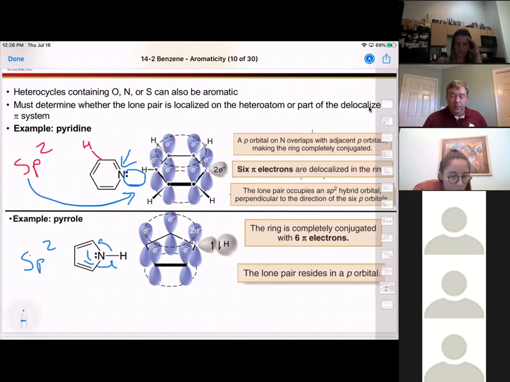So we have 2 in this p orbital, and then 1 in each of the other p orbitals, giving us a total of 6 electrons, or 3 electron pairs. Does that answer your question?